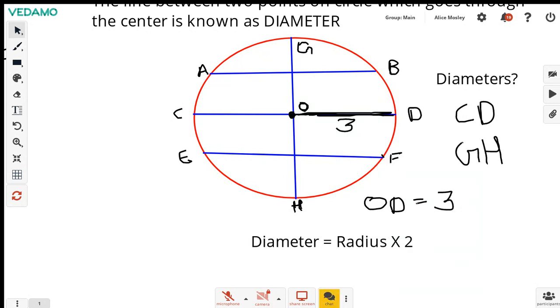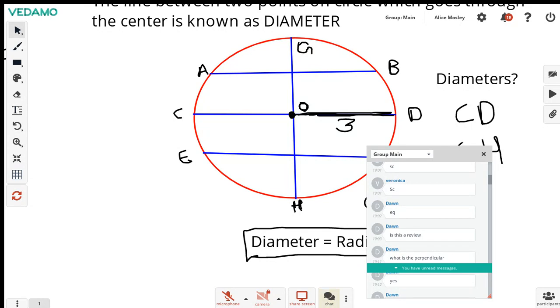Okay, Mr. Raymond, I hope you can hear me. So the diameter, as I told you, the formula for diameter is radius multiplied by 2. And what is radius? Radius is the distance from the center to any point. So O is the center and any point is D. So the distance from the center to any point, which is D, is given as 3.